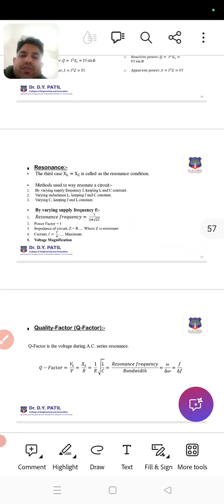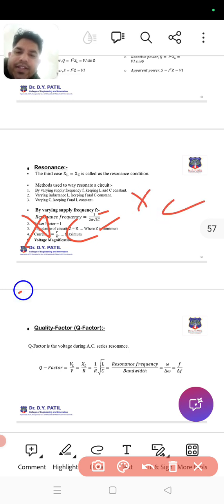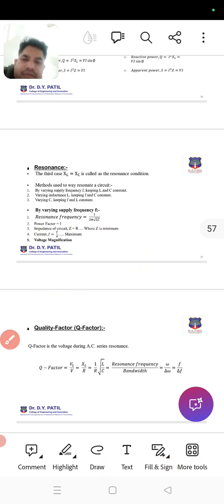Now resonance occurs when XL is equal to XC. How can we find the resonance?